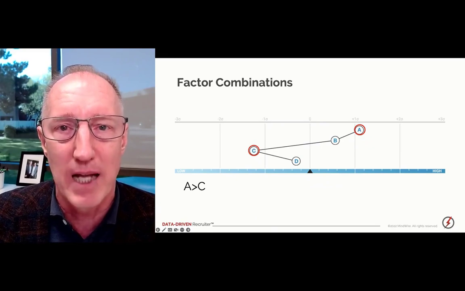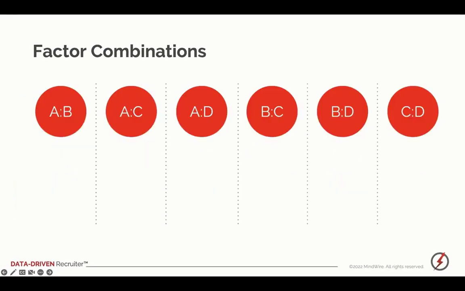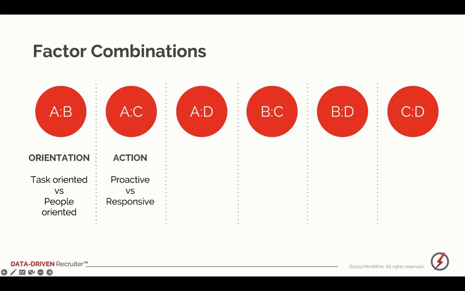That's one factor combination. All of these dots in relationship to each other will tell something specific about this person. A and B, dominance and extroversion, will tell me whether that person tends to be more task-oriented or people-oriented. The A and C relationship we were just examining, in the case of somebody with a lot of dominance, high A, and not a lot of patience, low C, is somebody who's very proactive, right?